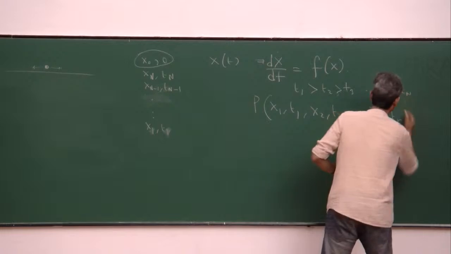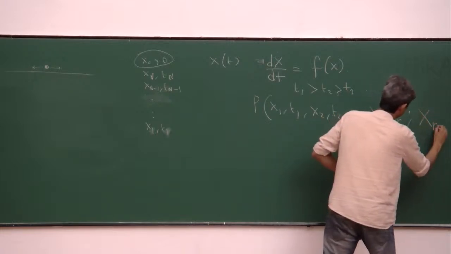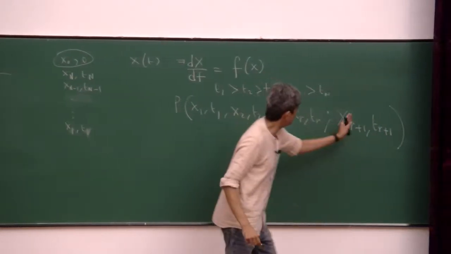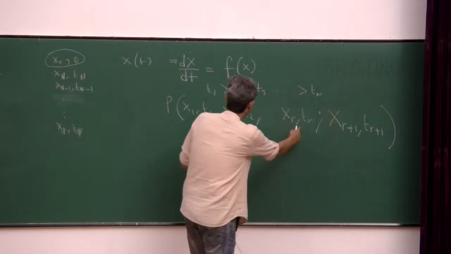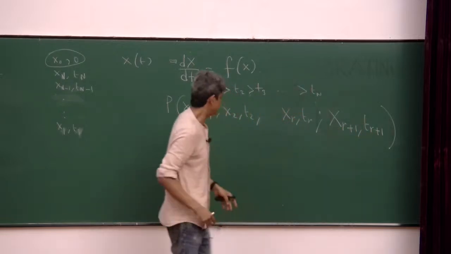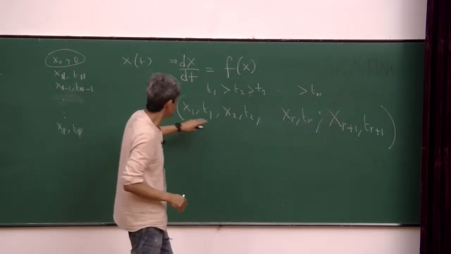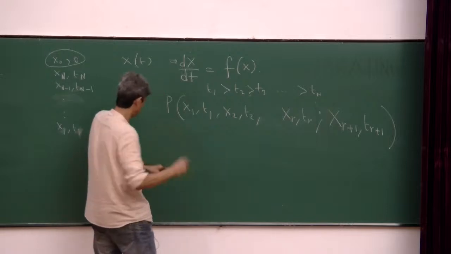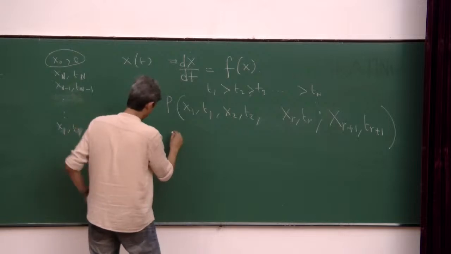Then you can truncate this; you don't need to know the earlier times. If you want to know the probability until this, knowing the position at r plus 1 is sufficient. And of course, now you can start simplifying this. I will not go into the details. You can use something called Bayes' theorem, I'm just flashing this idea. You can discuss with me later, because I want to get into other things.